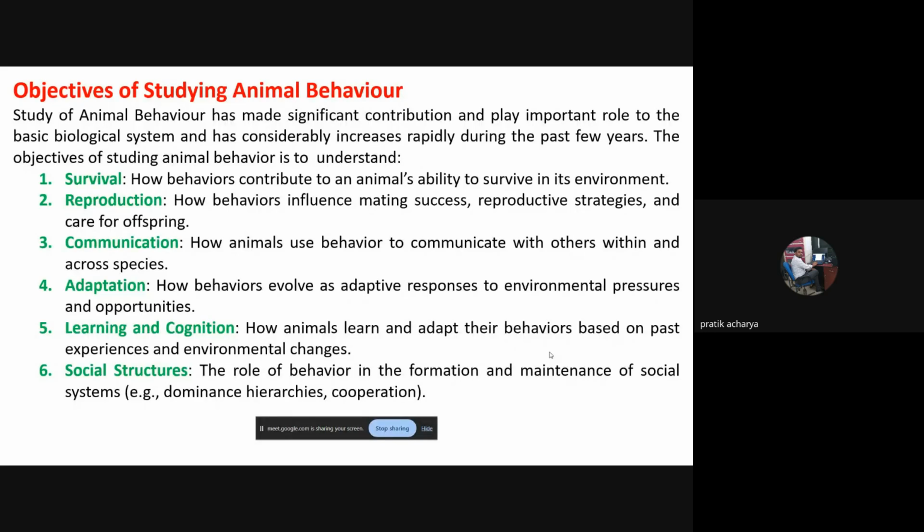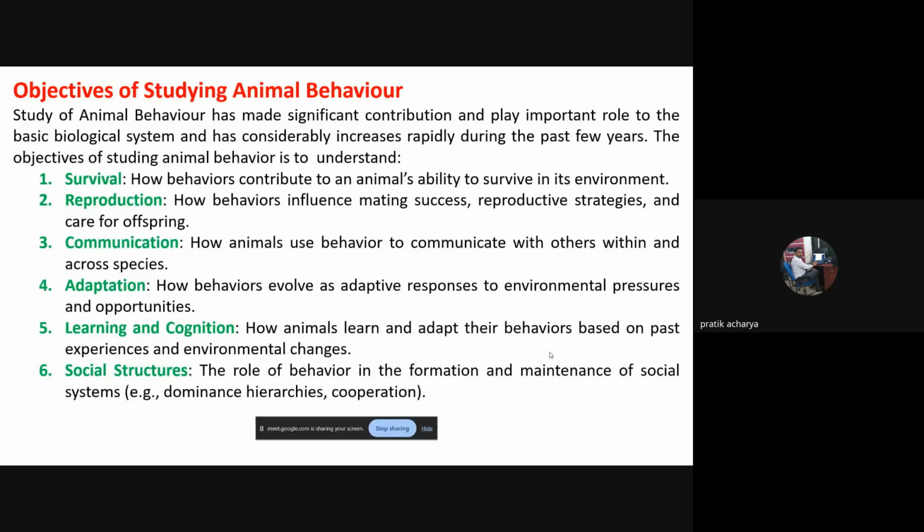If the behavior is natural and successful in the adaptive mechanism within the environment, then the organism can survive in the natural environment, or else it is very difficult for the organism to survive if it is not performing well. That is the first: for survival purposes, animal behavior is very essential.